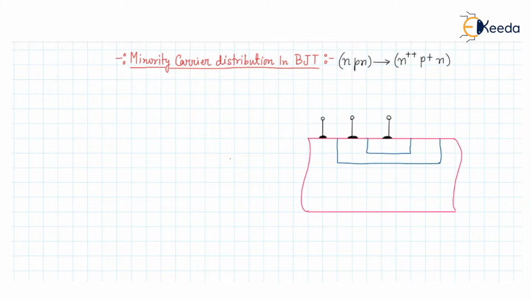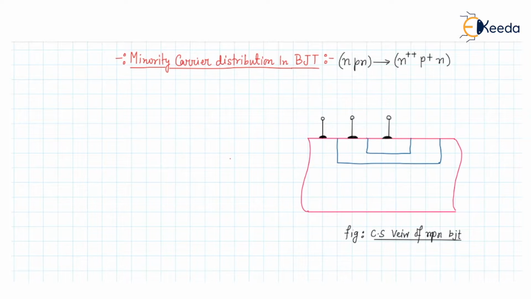So if we look at the original cross section of an NPN transistor, this figure is the cross-sectional view.